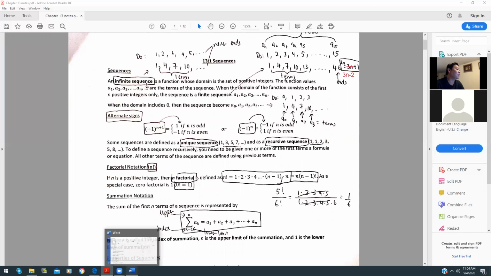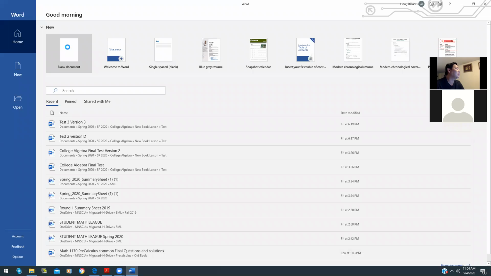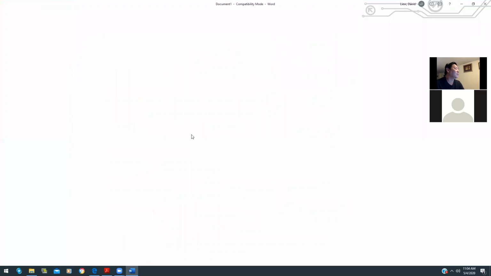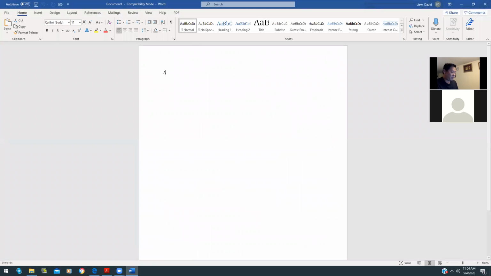Here is an example of the arithmetic sequence. Let's say you start from 3, 8, 13, 18, and so on. We know the difference is 5 here. So how do you find your a_n form? It is very easy to figure out.